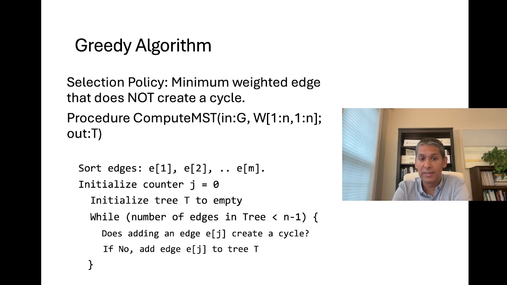If not, simply select that edge. Once you have collected n minus 1 edges, you have a spanning tree, because a tree of n vertices has n minus 1 edges, so you can stop. That's the simple algorithm, very easily written in a few lines.